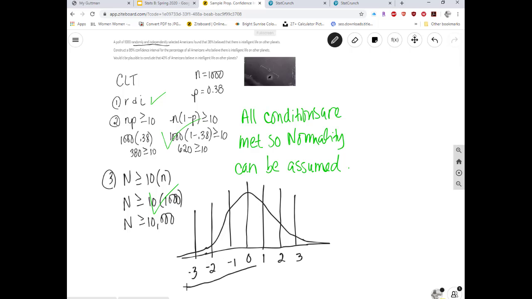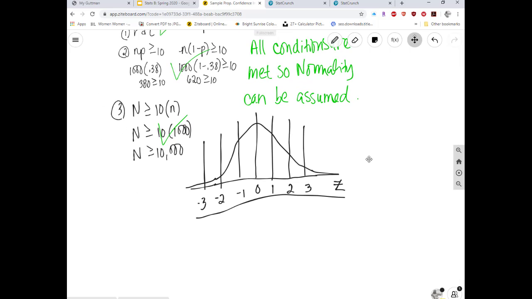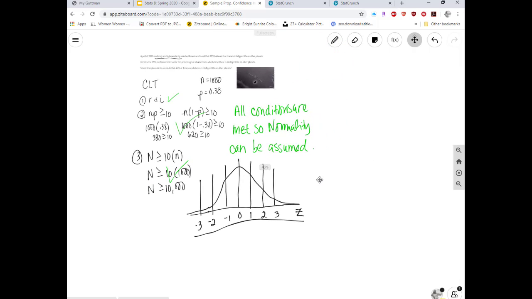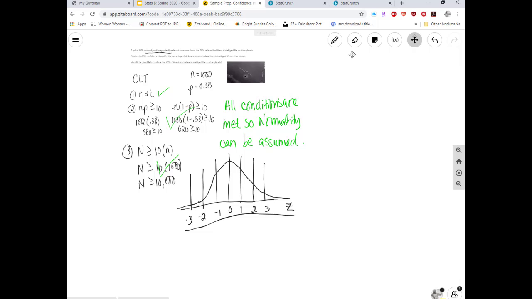And I'm going to scooch this up because I'm starting to get a little bit off. So, okay, here is our sample proportion, which is 0.38. Okay, so that's our sample proportion.